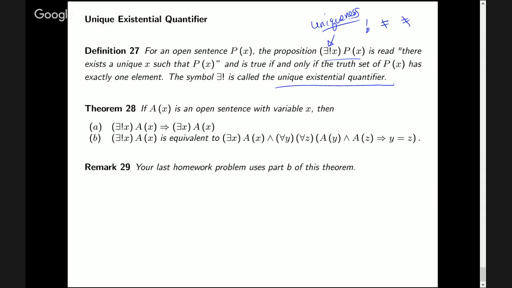This phrase in this theorem says if A of x is an open sentence with a variable x, then there exists a unique x implies there exists an x. If you know a unique x works, it still tells you an x works.